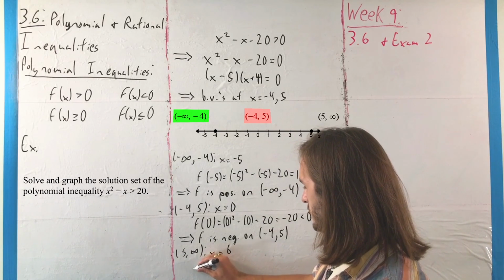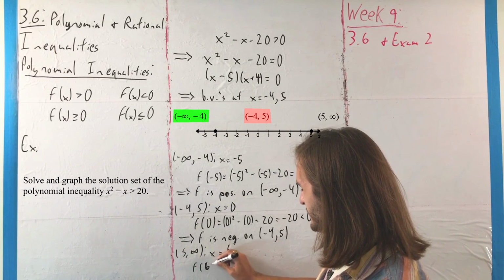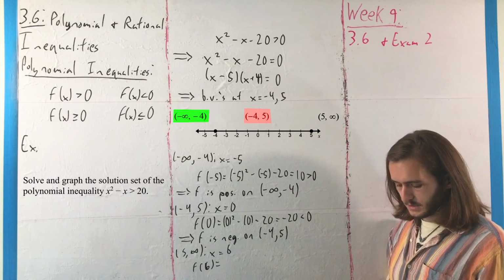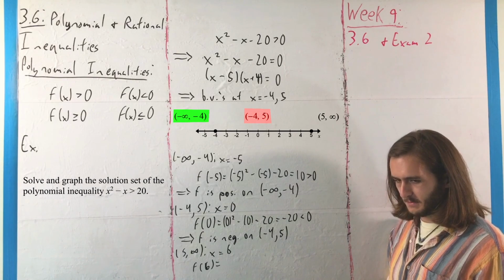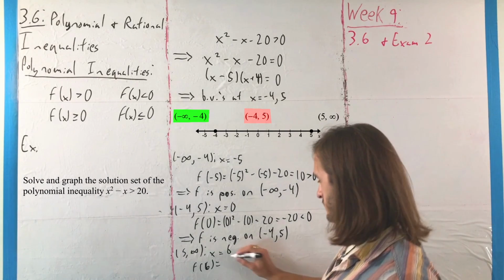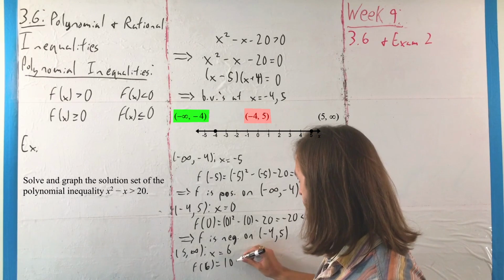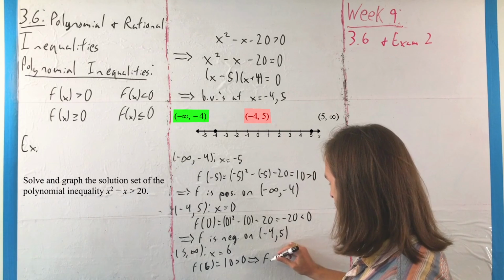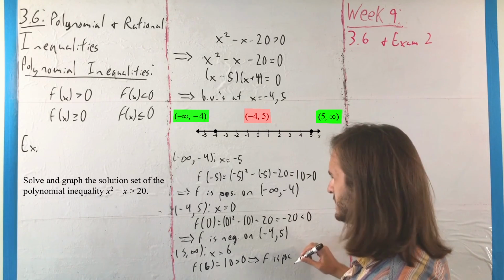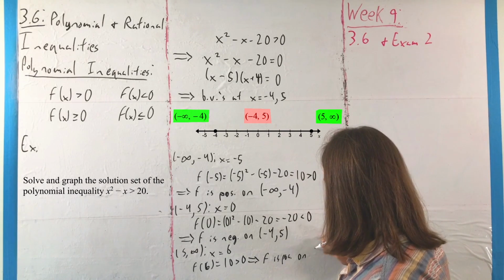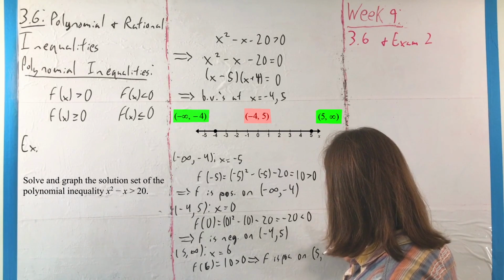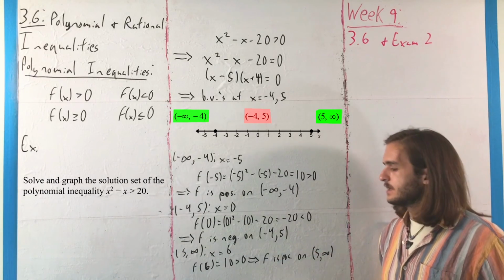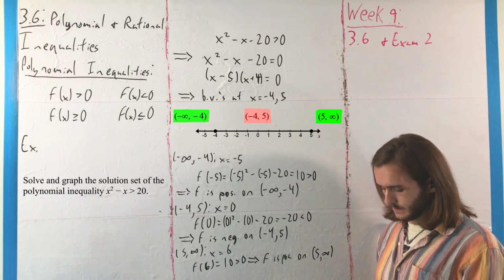And that will give me f of 6, in this case, is going to be 6 squared, 36, minus 6, so you'd end up with 30 again, or subtracting 20, 10, which, as we saw before, is bigger than 0. So we have that f is positive on the interval from 5 to infinity. It's positive everywhere along those sets of potential values.